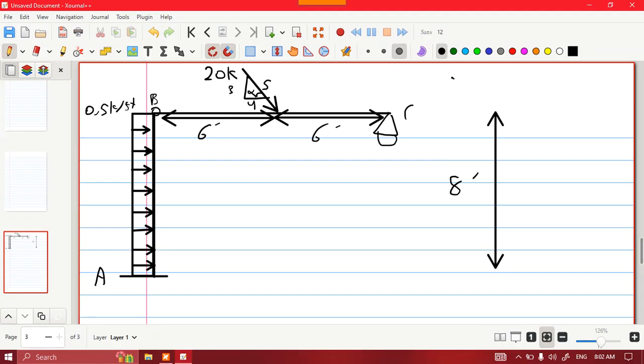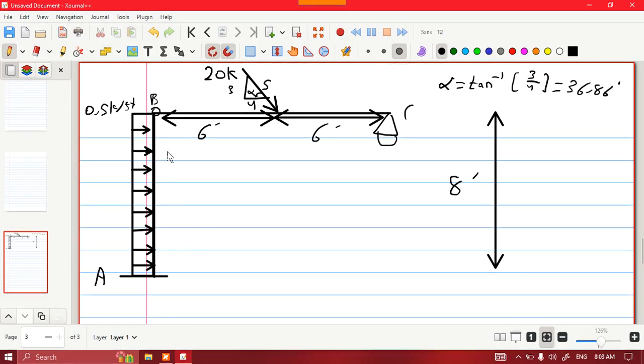Alpha is going to be tan inverse of 3 over 4, opposite over adjacent, which is going to be 36.86. So I can directly transfer the loads in the x and y directions without doing this inclination load.